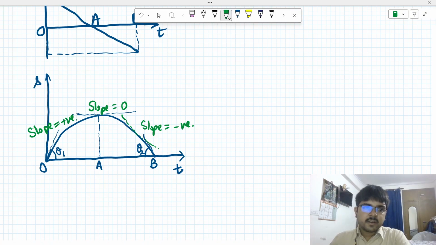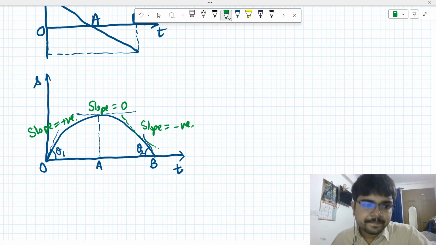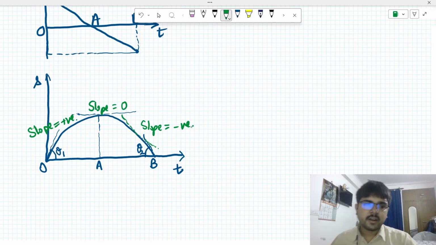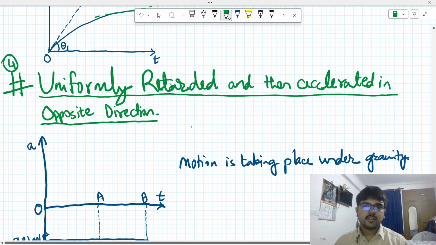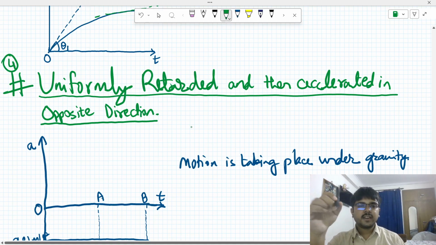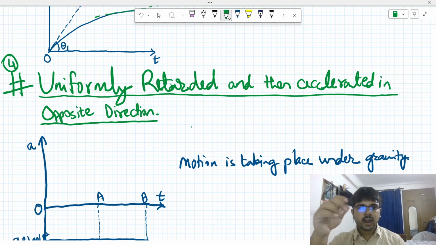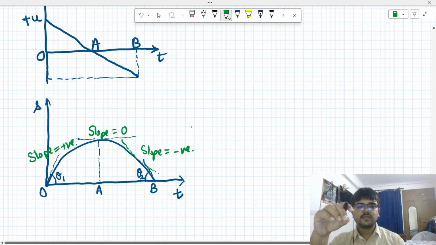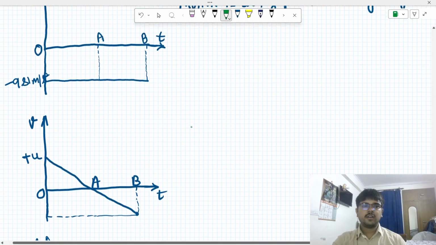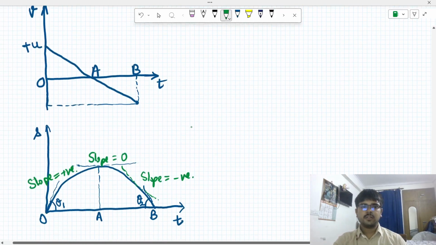So the slope has gone from positive to 0, then to negative. That is how the displacement-time graph works in uniformly retarded motion and then accelerated in the opposite direction. First the object is being retarded, and then it is being accelerated in the opposite direction. That is how these three graphs work.